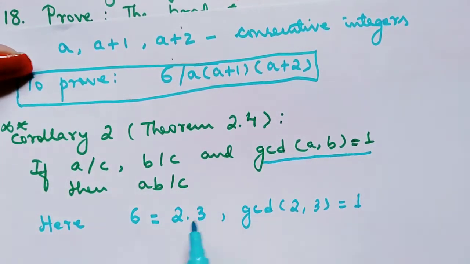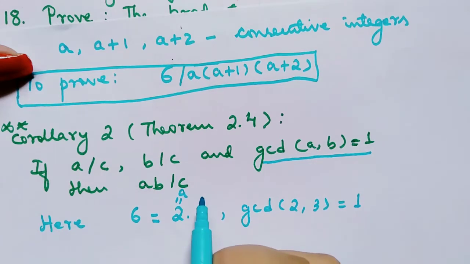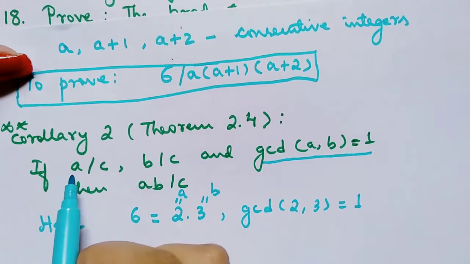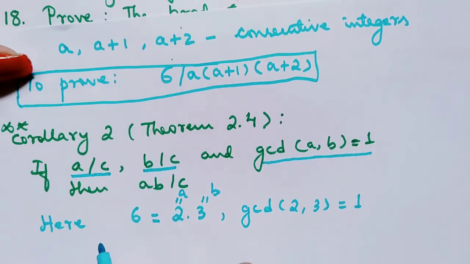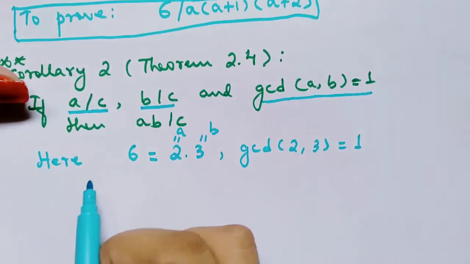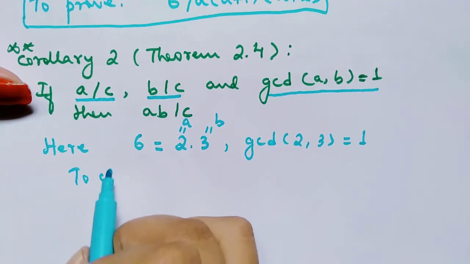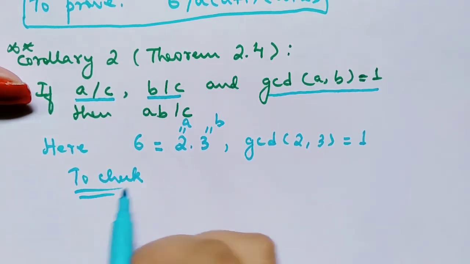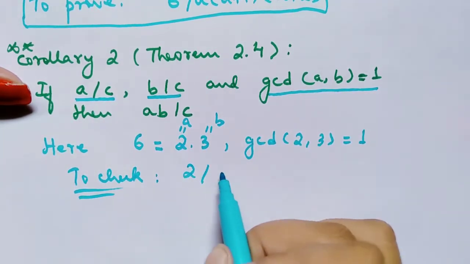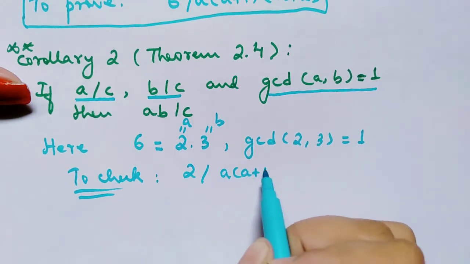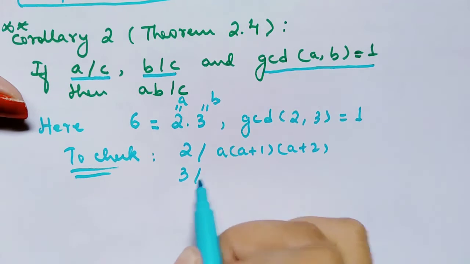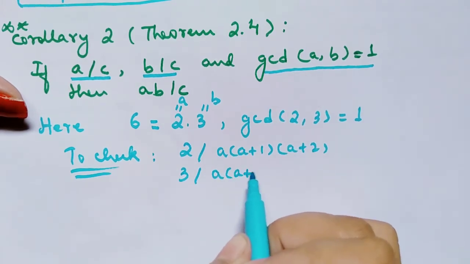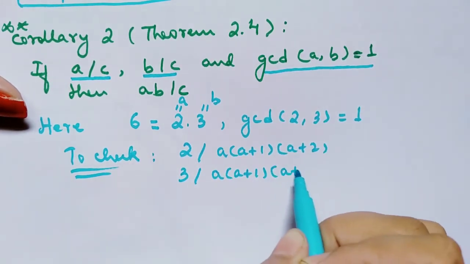See, this one is satisfied. We assume that this one is a, this one is b. Now we have to check these two. We have to show that a divides c and b divides c. That means we have to check that 2 divides a into a plus 1 into a plus 2, and also 3 divides a into a plus 1 into a plus 2.